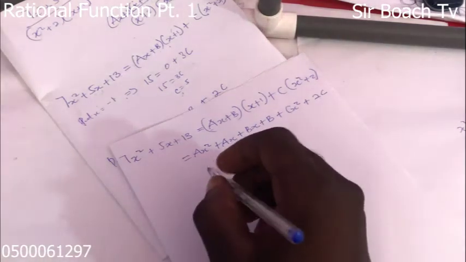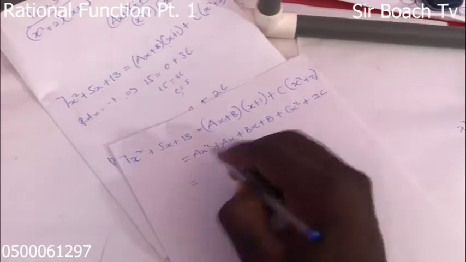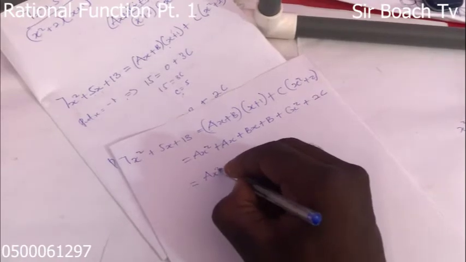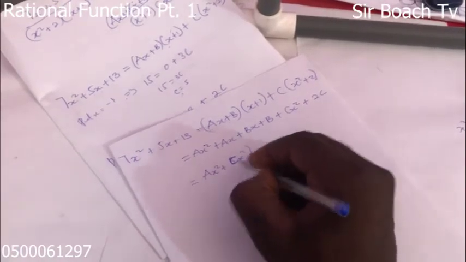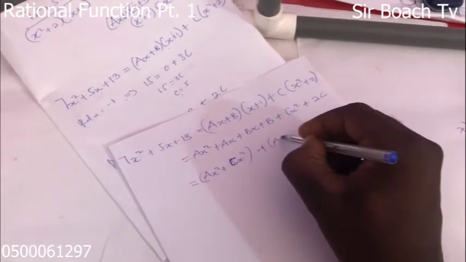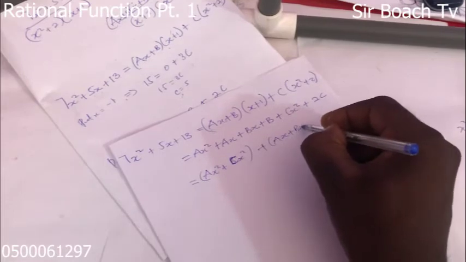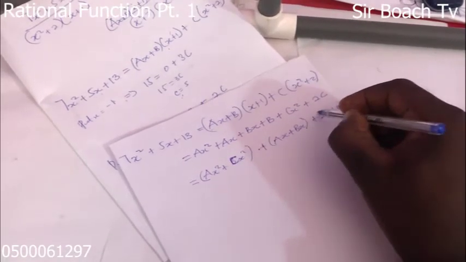So we are going to get ax squared plus cx squared in a bracket, then plus (ax plus bx) also in a bracket, then plus (2c plus b) also in another bracket.